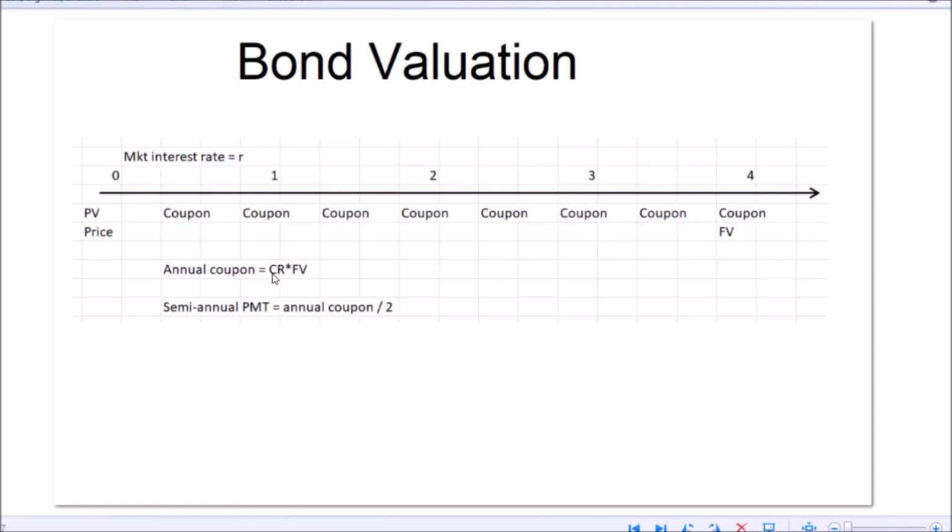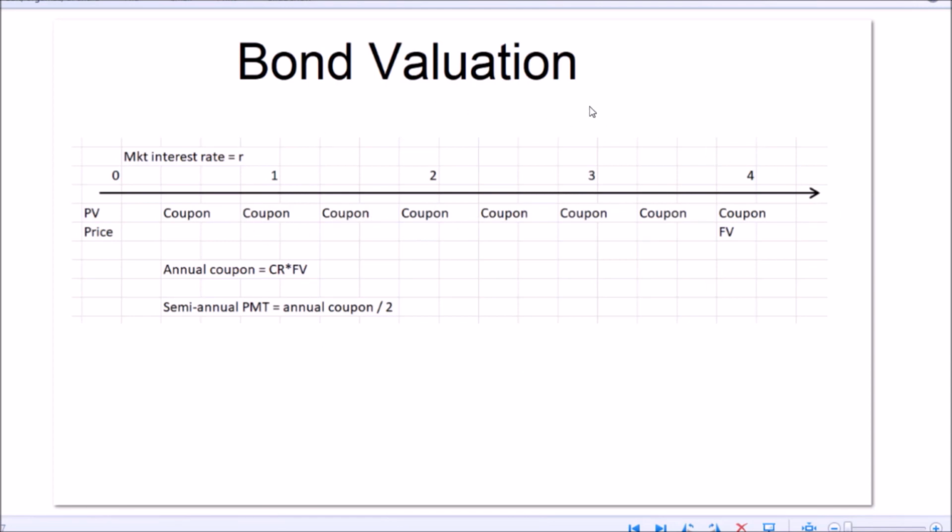Remember, the rates are expressed in the form of APR, or the annual percentage rate. If instead you want to calculate the actual payment every half a year, the semi-annual payment, then we need to divide that annual coupon, the product of coupon rate and face value, by 2, the number of coupon payments per year, as there could be more frequent payments as well.